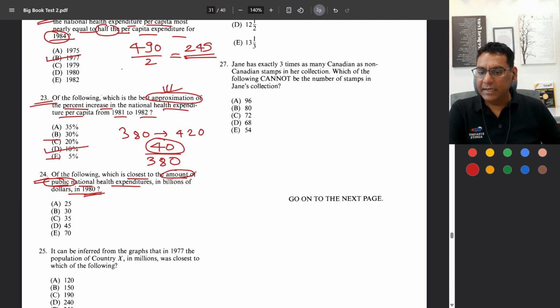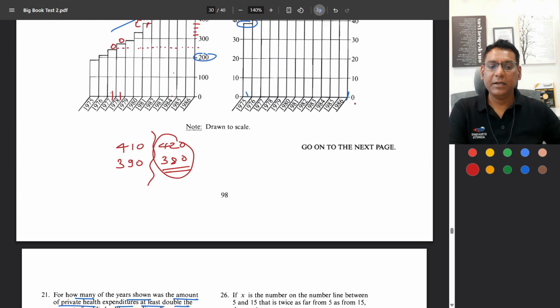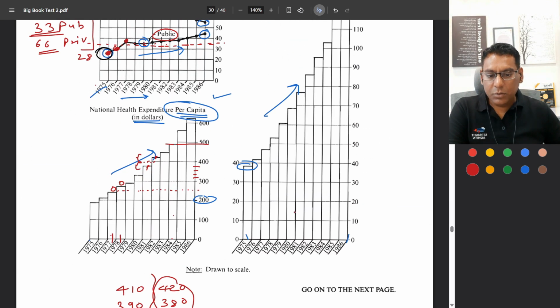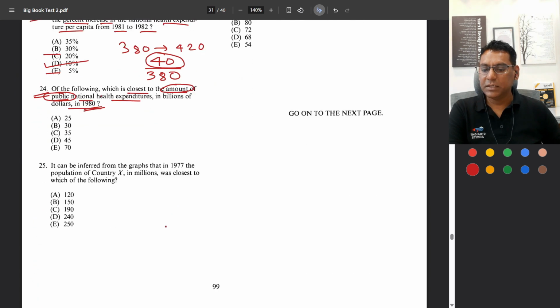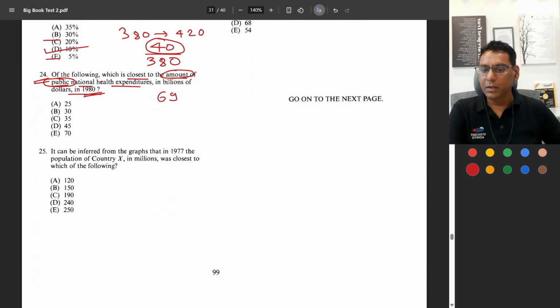So let's get the 1980 total. What was the 1980 total? The 1980 total was this number. Let's say 68 or 69. Let's take 69 because this looks more like 1/10. So this was 69 billion. Out of that, I want to get public.